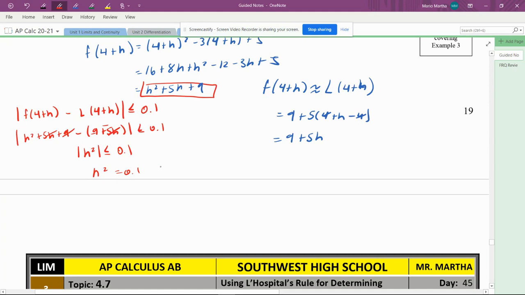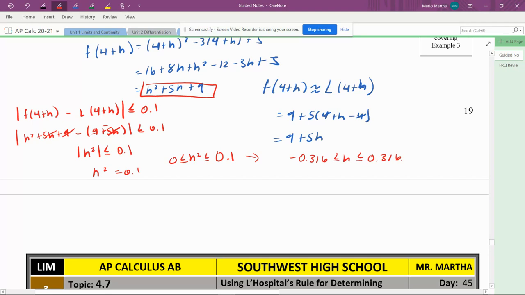We take the square root of that, and we end up with h being between negative 0.316 and positive 0.316.